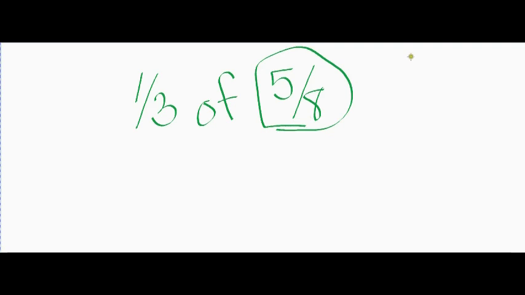So what that would end up looking like would be 1/3, and then a really long line to make sure that your fraction bars don't get confused, over 5/8. We will talk about how to deal with something like that a little bit later, but for now, it's just getting used to the idea of what everything is.